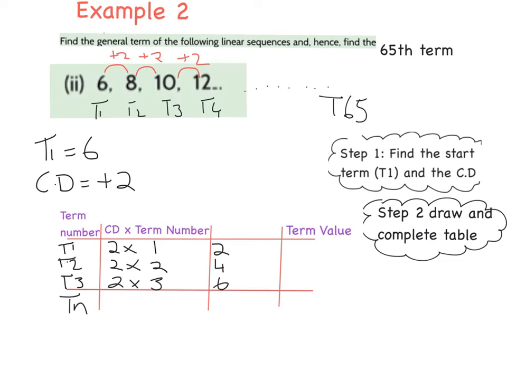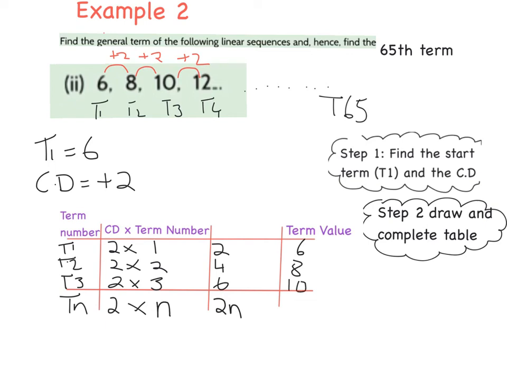And down here I would have the common difference multiplied by the term number, which in this case is n, we don't know. So 2 multiplied by n gives me 2n. Along here I fill in the term values, and so this is what the values were. So term 1 was 6, term 2 was 8, and term 3 was 10.